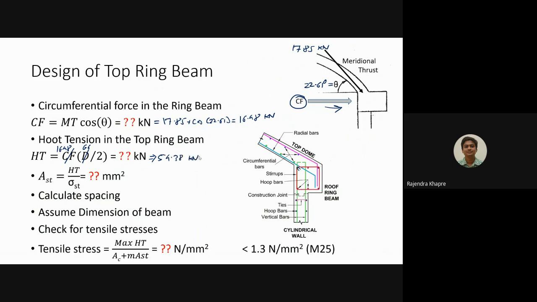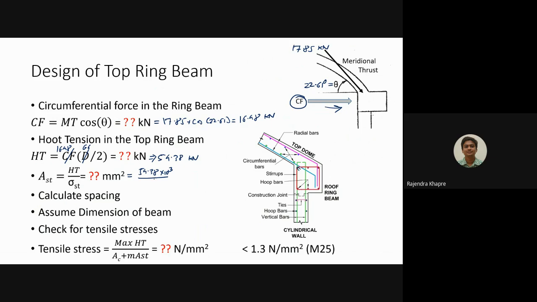Now we all know that concrete is weak in tension, so we cannot depend on concrete. We have to provide reinforcing bars to resist this much tension. For this purpose, we are going to calculate the Ast for the hoop tension of 54.38 into 10 to the power 3, divided by the sigma st value, which is 130.